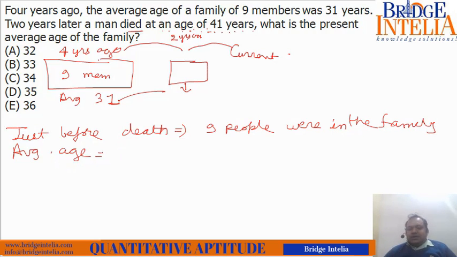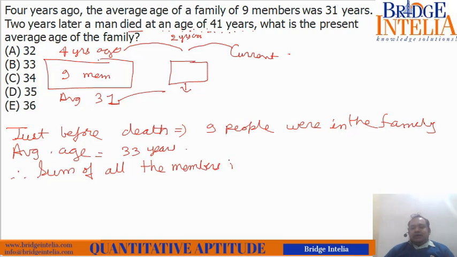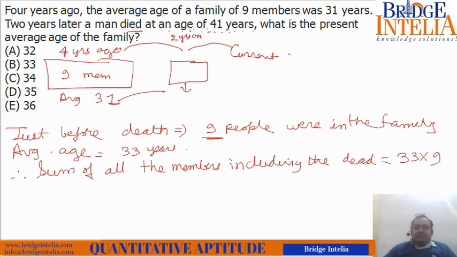So the average age just before death was 33 years. Therefore, the sum of all the members, including the person that died, was equal to 33 into 9, because at that time 9 family members were alive. So 33 into 9 is 297.